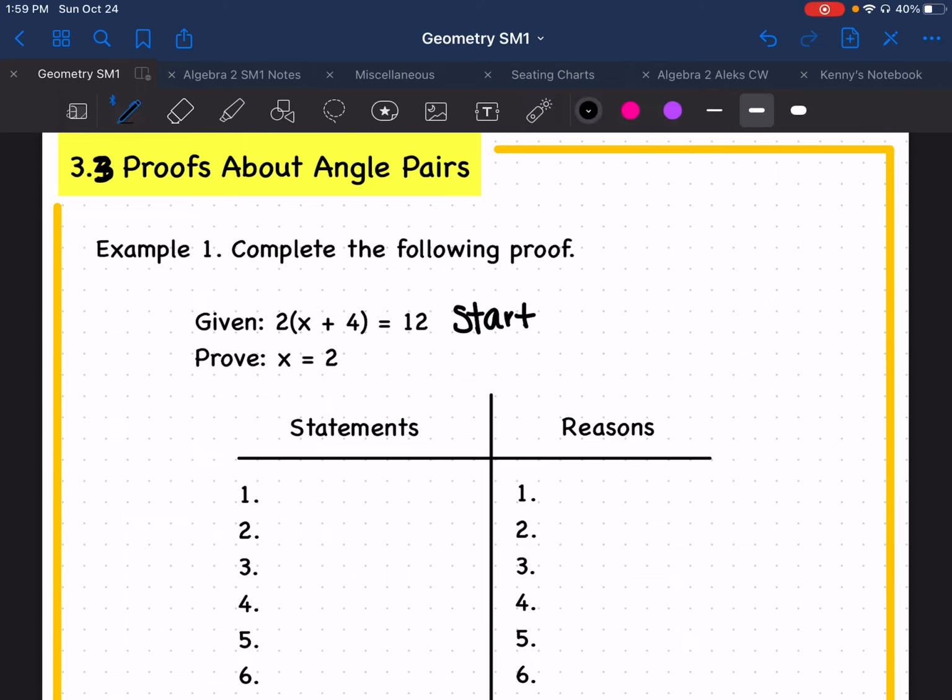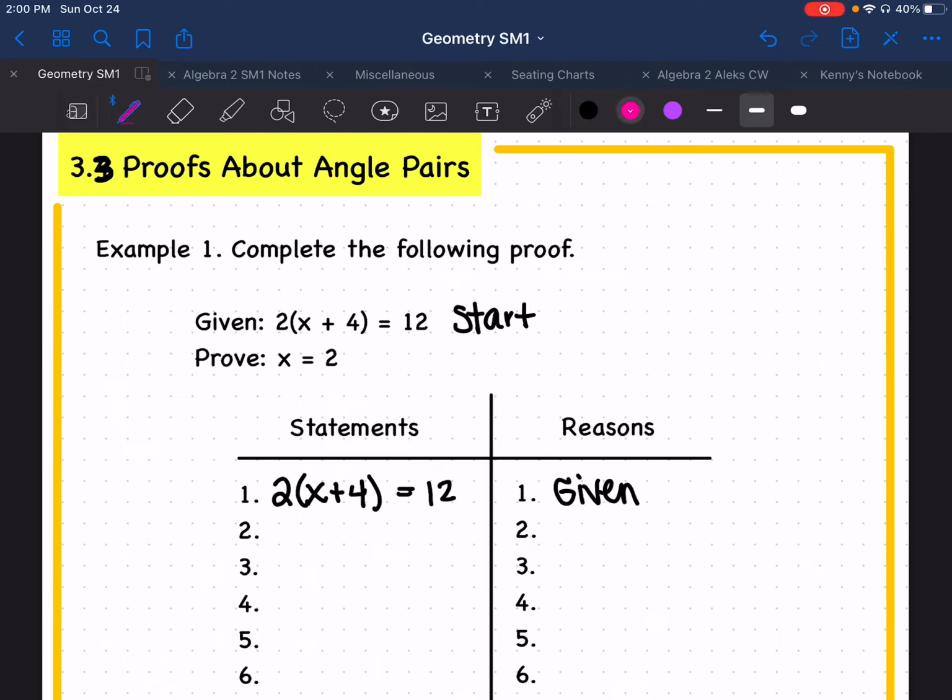So remember, the given is where you start. So you're simply going to take your given statement and place it over here on the statement side. You copy it. Its reason is that it was given to you to prove.